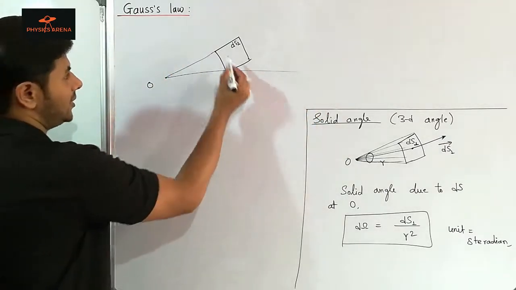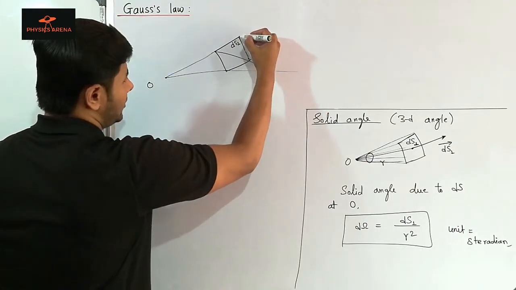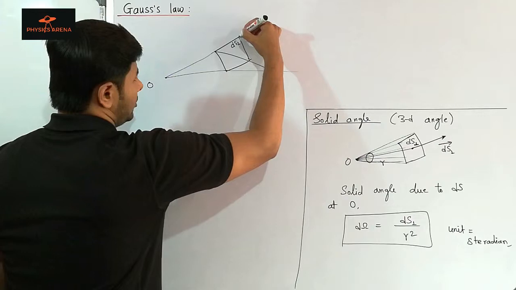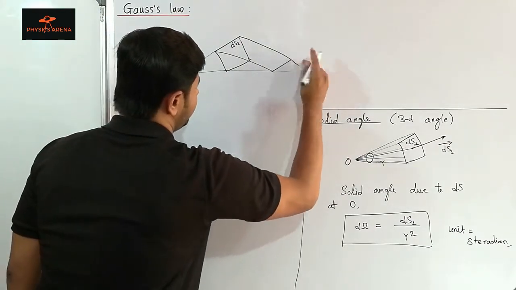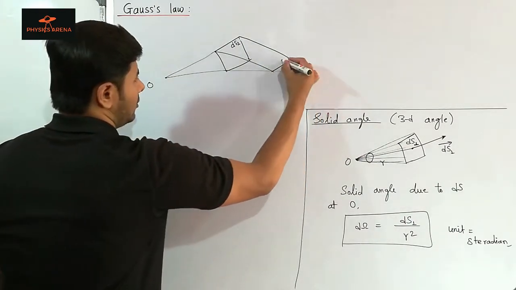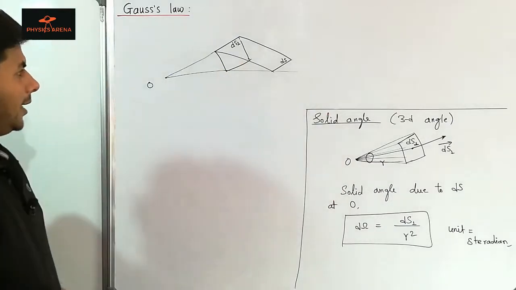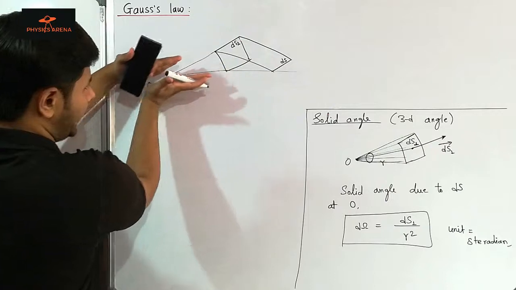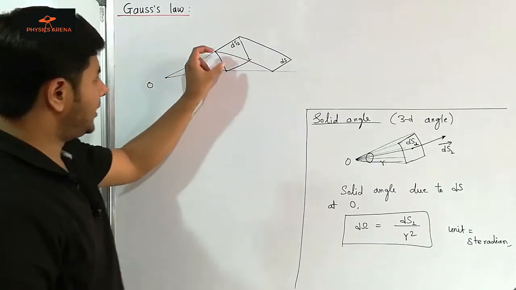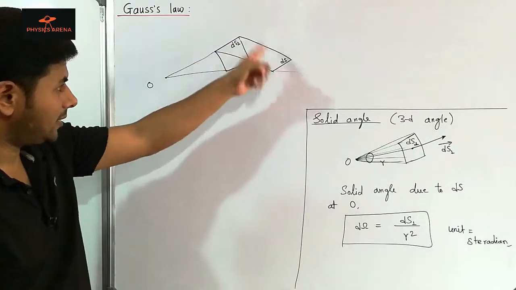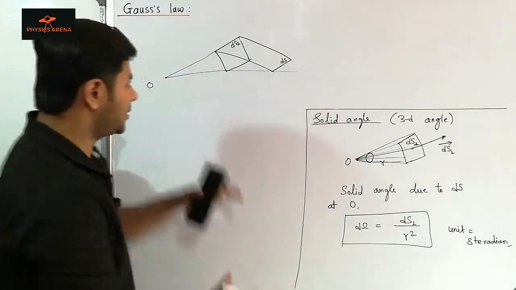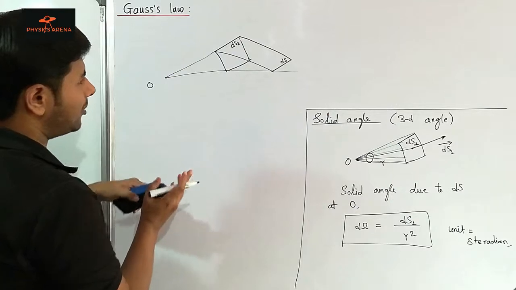Now let's consider another surface and let's call it ds. So this is that surface, and it should be clear from the diagram that the solid angle, the cone subtended by ds perpendicular and this inclined surface ds, are the same. Both subtend the same amount of solid angle.